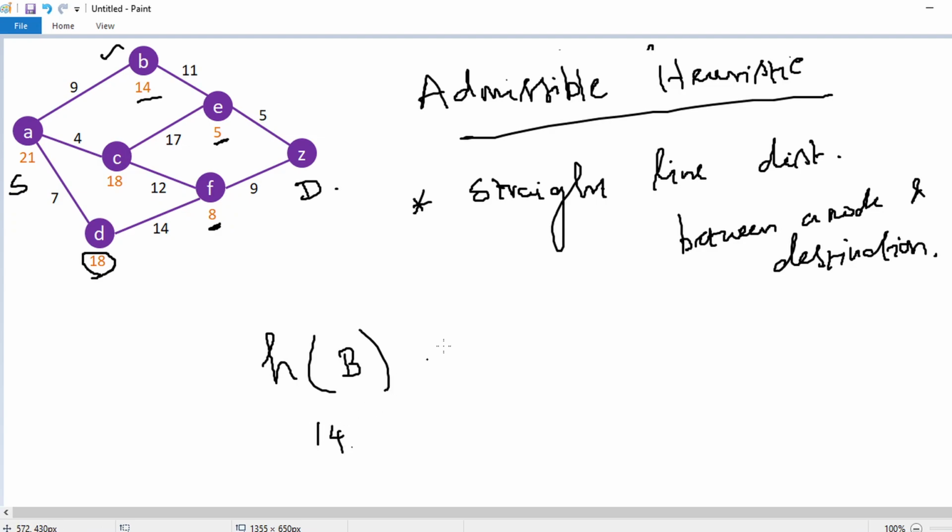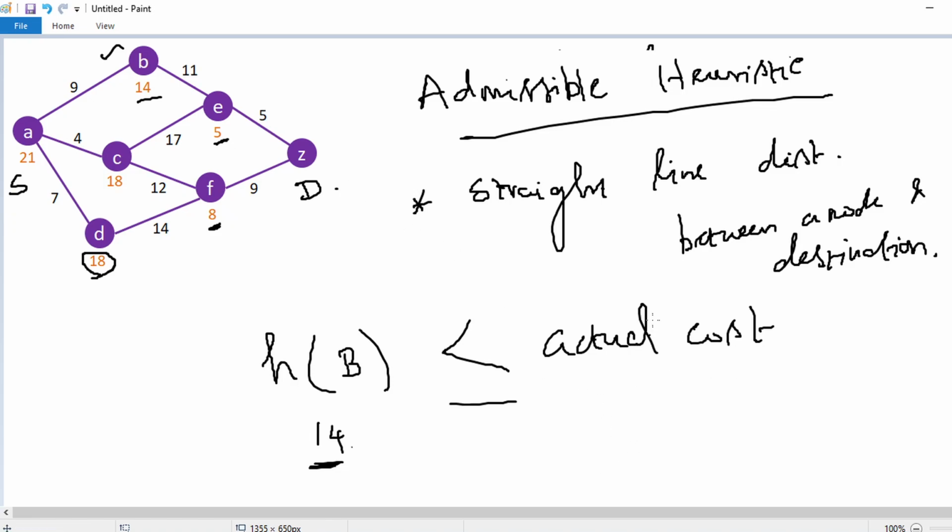When you say some heuristic is admissible, the actual cost from B to Z should be more than or equal to 14. So it should be more than or equal to the heuristic value. If the actual path exists to go from B to Z, there will be a cost for that path.